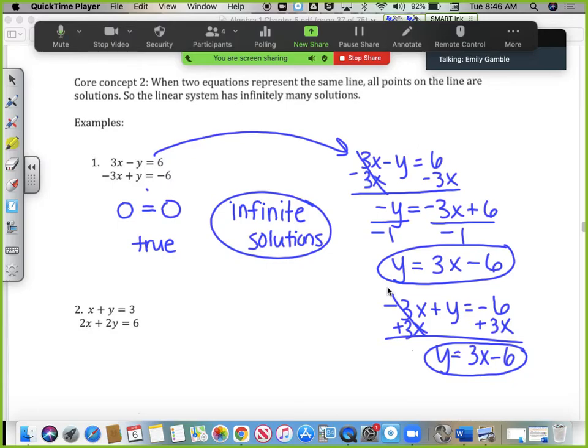Or you can use elimination, and if you use elimination, you would have to take the first equation and multiply by what? Yep, either -2 or +2, and then you can either add or subtract to cancel out. I kind of like elimination better.